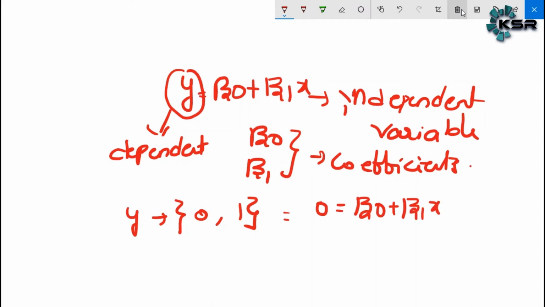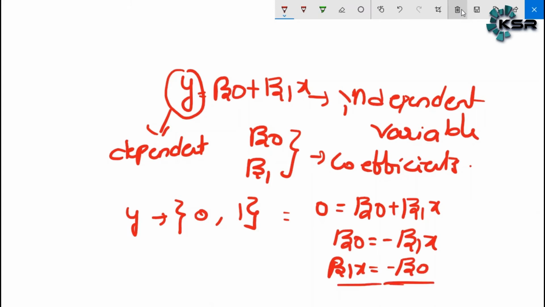So beta naught is equal to minus beta 1 x, or simply beta 1 x is equal to minus beta naught.